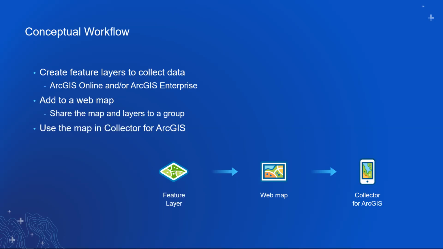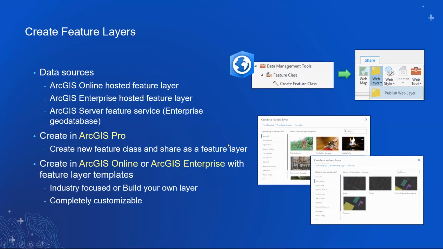Now, presumably, most of you have done this before, so we won't go through that whole process, but I'm going to start to show you, assuming that you've put all of these steps into place. You've created that data source, whether it's through ArcGIS Online or in ArcGIS Enterprise, or even using ArcGIS Pro to create your feature layer from scratch.